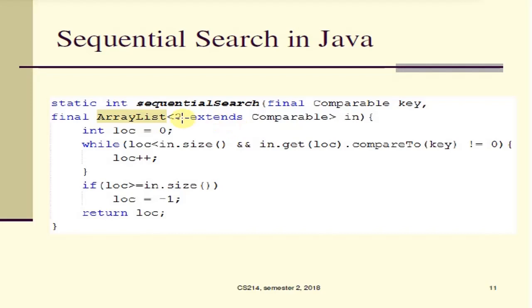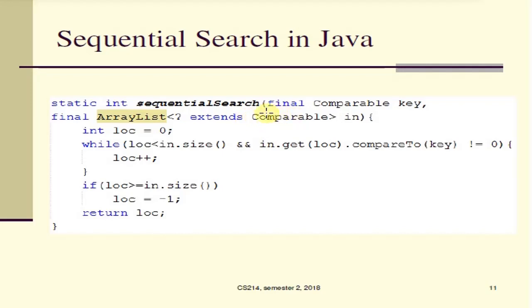Okay, and there's some details here, like the array list is going to contain elements in it that are going to be able to get sorted using the comparable interface.